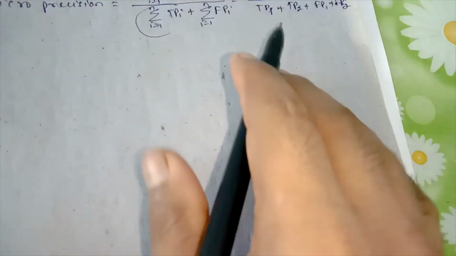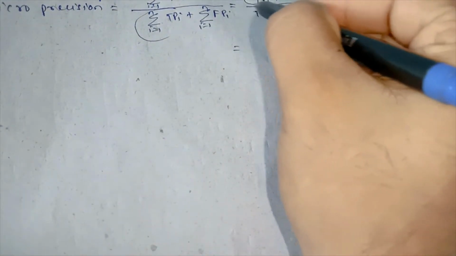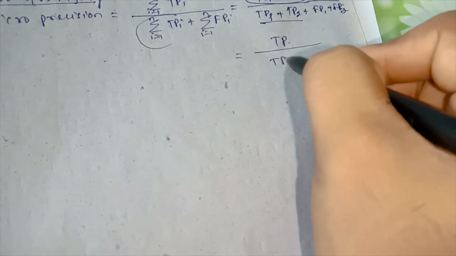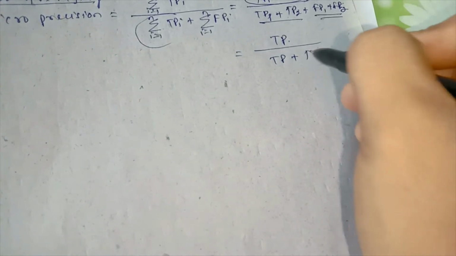Here I can merge the TP parts into TP, and the FP parts into FP.